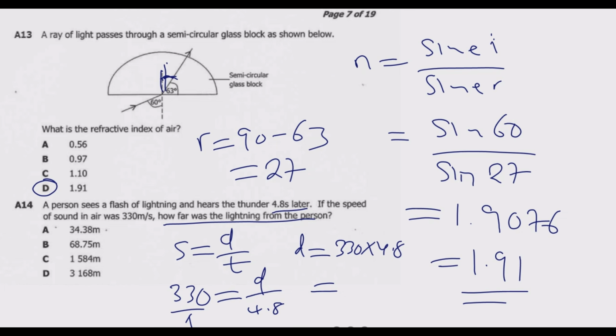We are going to end up with 1,584 meters, which is C. 1,584 meters as the distance. So C is the best answer.